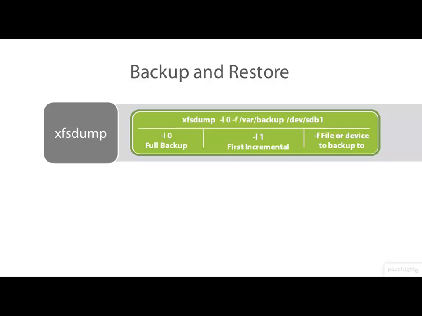So you can see in the example here that we're backing up to a file, but this could be a tape device as well. And then we have the device that we're backing up.